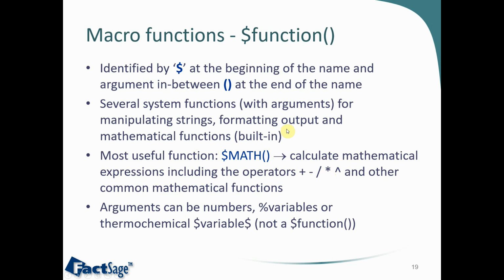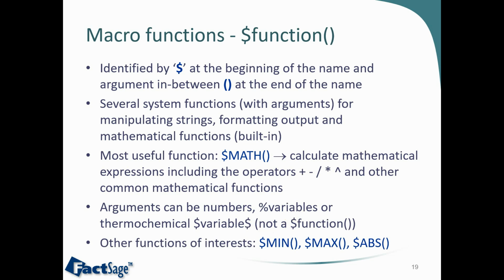Other useful built-in functions include the minimum and maximum functions and the absolute function. The arguments can be numbers, strings, user variables, system variables, and even thermochemical variables, but not another function.